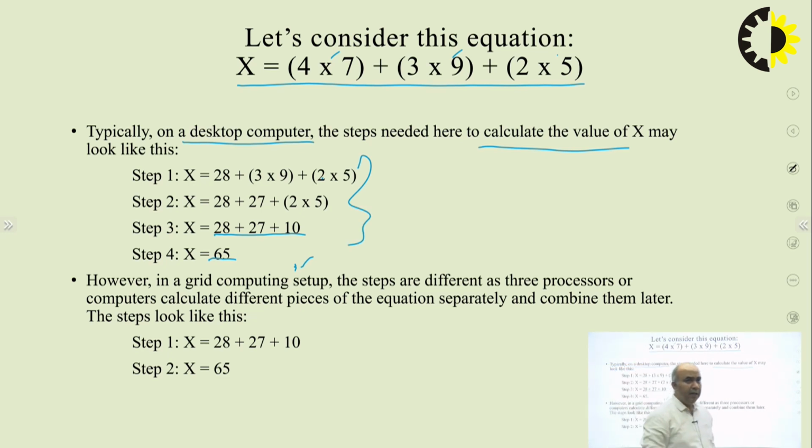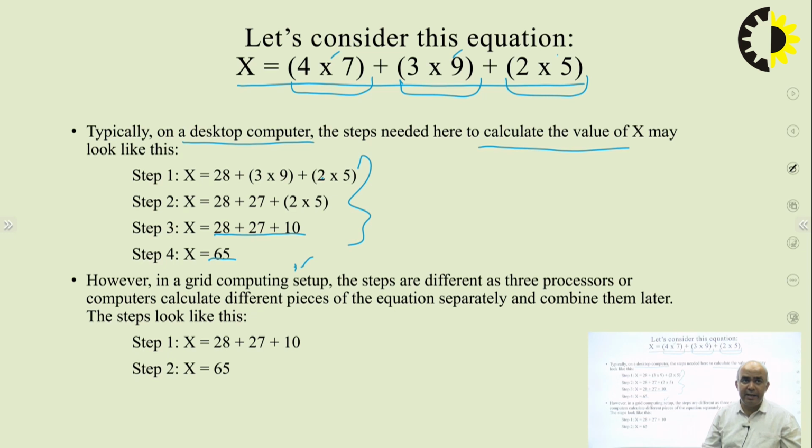In order to do that, the computer calculates the different pieces of equations separately, and after executing those instructions, they will merge again. So, if we see it, this is one large problem.